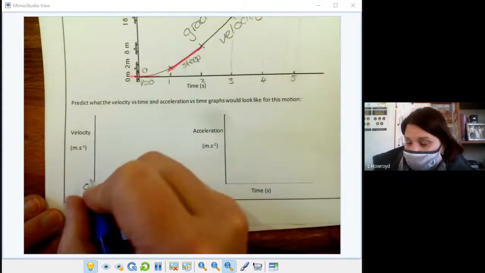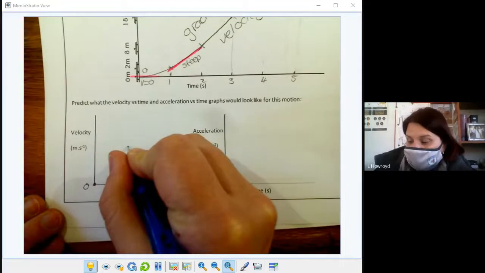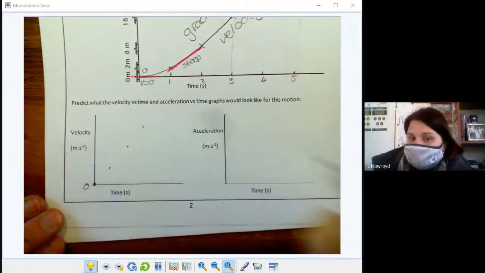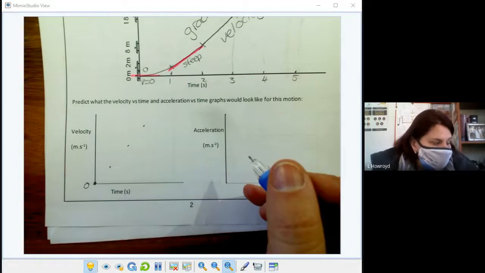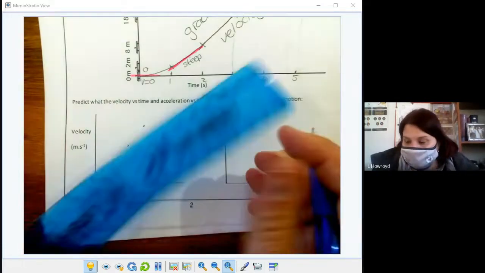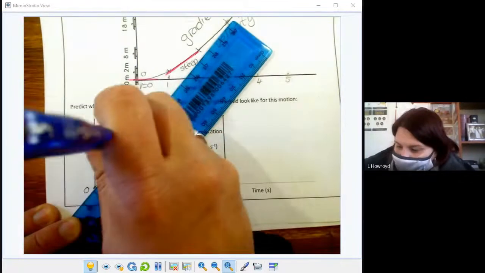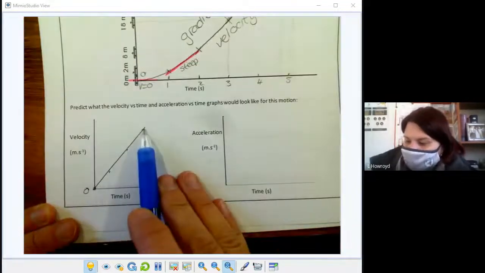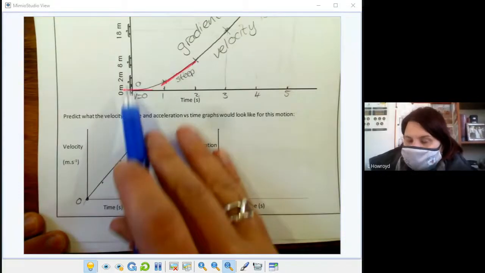So knowing that, and knowing that it slowly increases, we can then draw a straight line increasing the velocity. Does that make sense? Let's think about it. I start at 0. The gradient is 0.